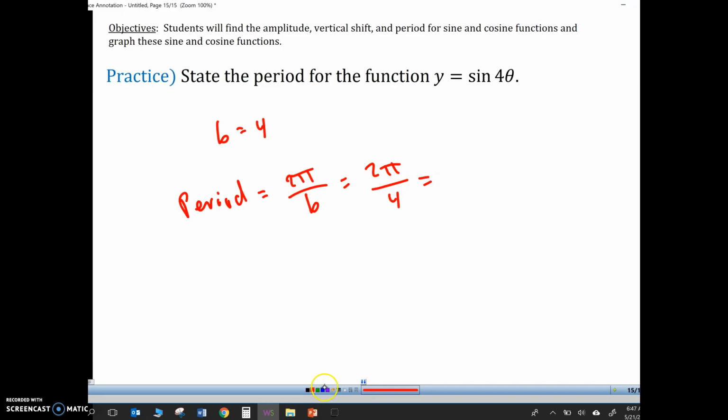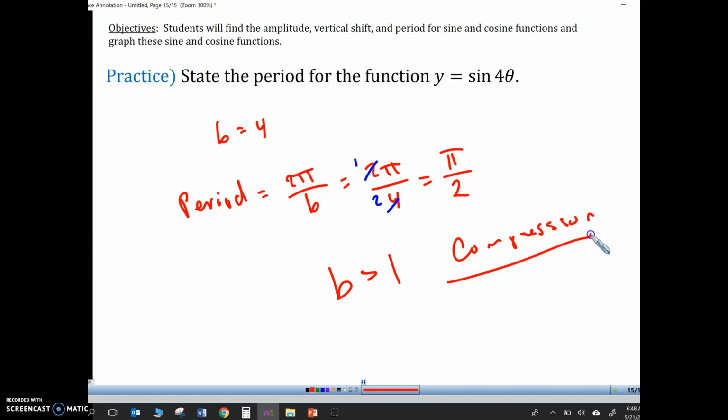So this is going to reduce to 1/2. So our final period is pi over 2. And again, because b is bigger than 1, what we get is horizontal compression.